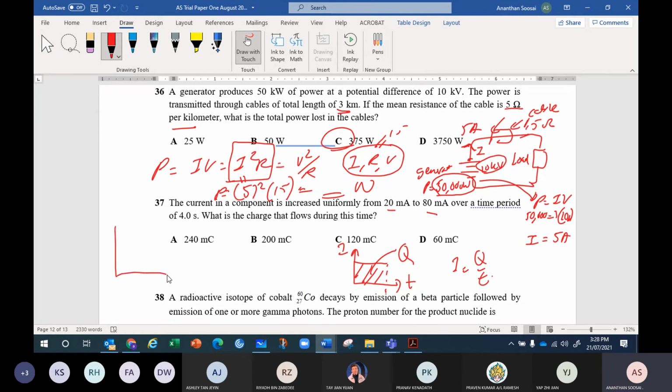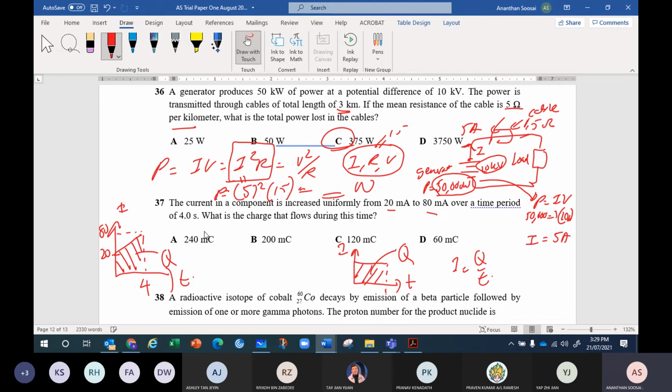So you can plot a graph for imagination. The current starts at 20 and rises linearly to 80, over a duration of 4 seconds. They're asking what is the charge that flows during this period. So the area under the graph is the charge.